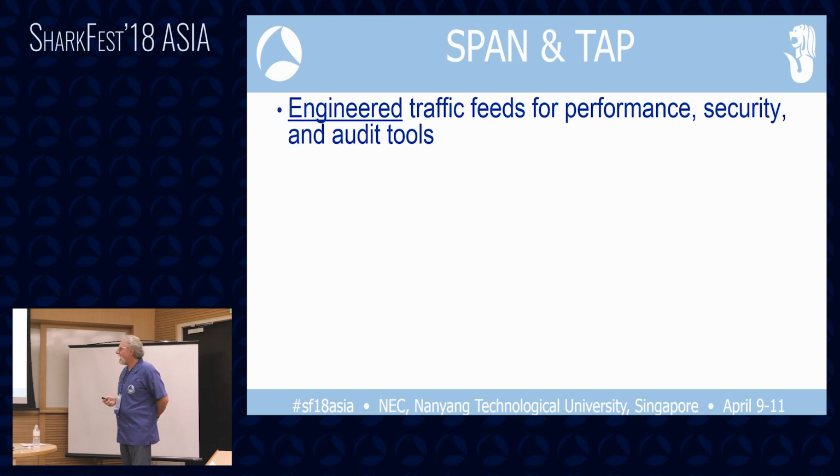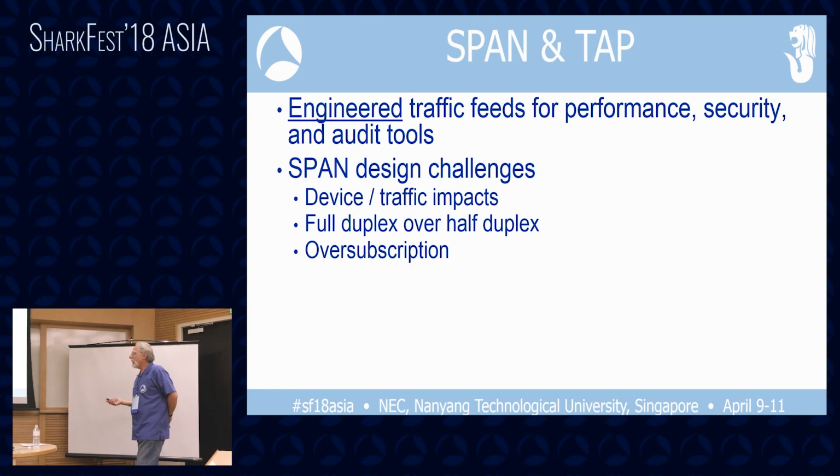So the main thing about spanning and tapping is it's not really a trivial exercise. It's trivial to turn it on. But it really is an engineering exercise. Deciding what am I going to span, what am I going to tap, where am I going to send it, how do I make sure that I don't oversubscribe the span. So some of the challenges are impacts to existing traffic.